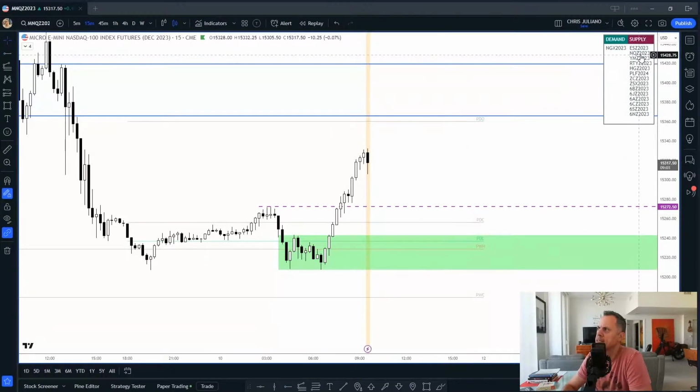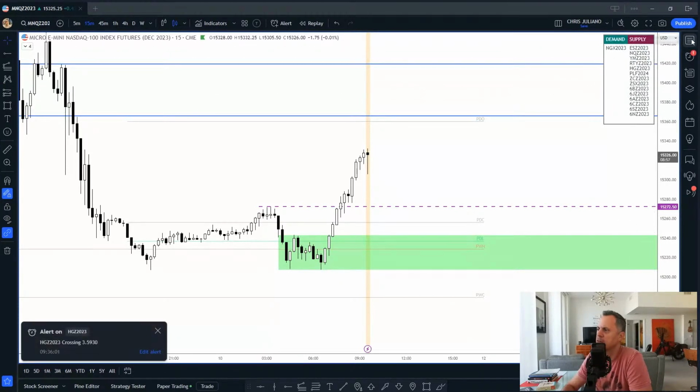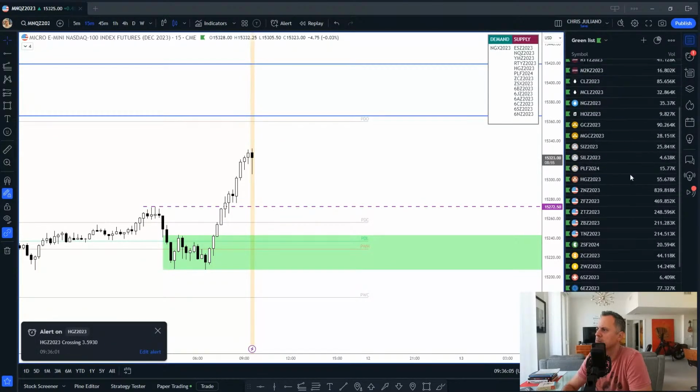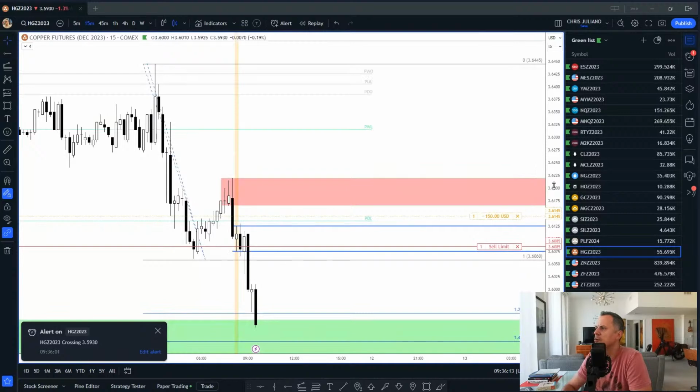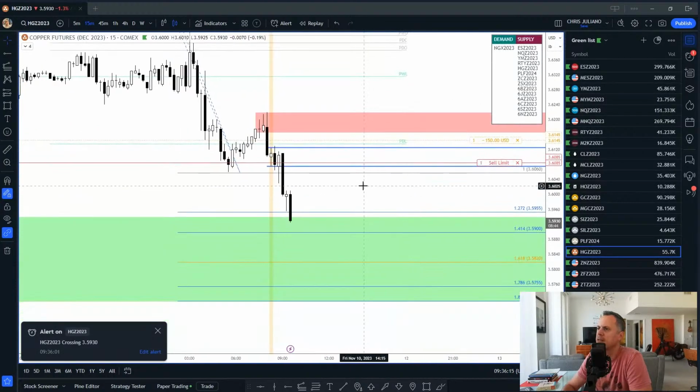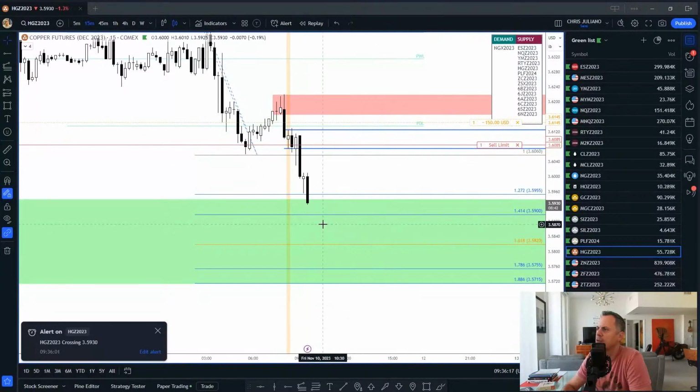Now NASDAQ is on our short list here, right? Our supply zone. Got back in. I think we got back into that. It's crossing. Okay. Copper. Boom. Totally reversed. Look at that. Totally reversed and started heading down.